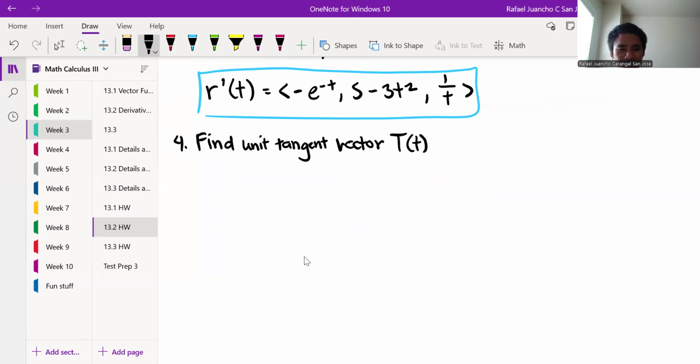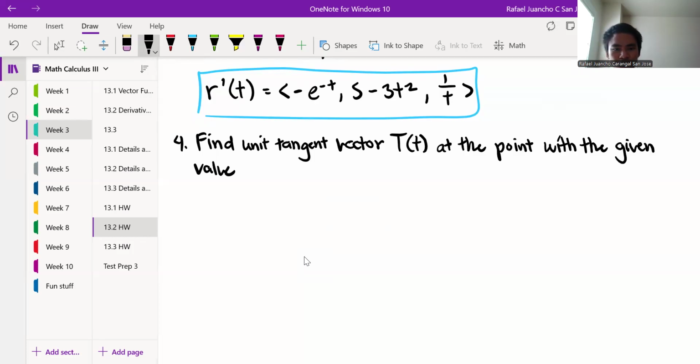Unit means 1 at the point. So here we want to find the unit tangent vector at the point with the given value of the parameter t.